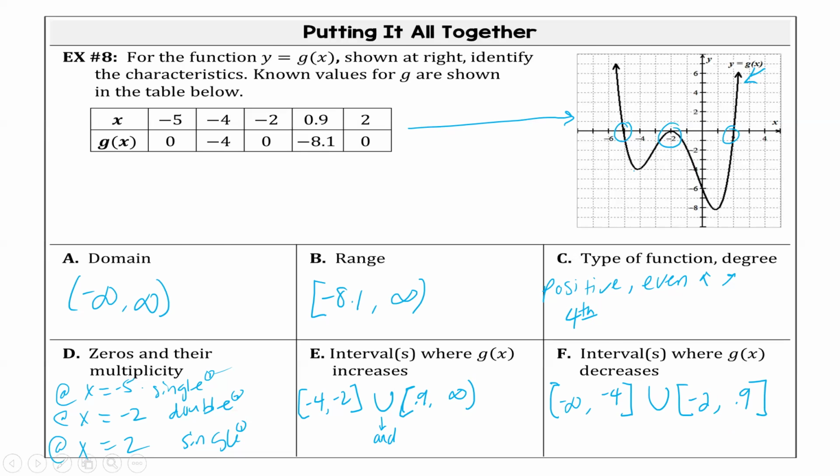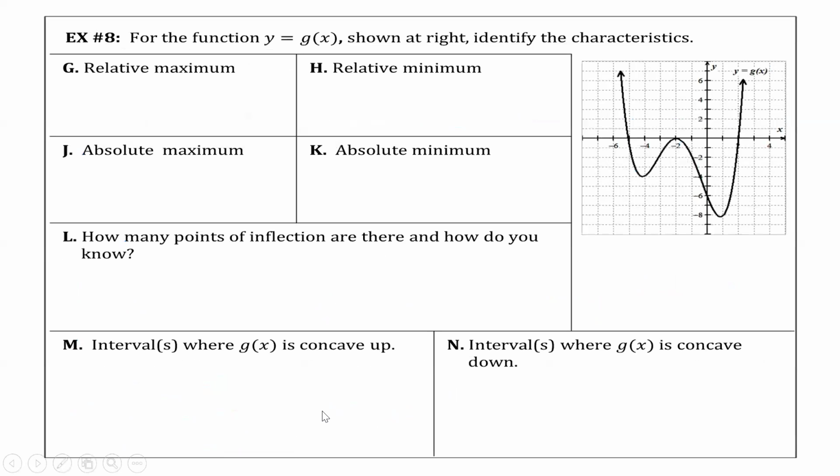All right. Up next, where is our relative maximum at? We have it at, where'd my pen go? Do you see it? There we go. So we have a relative max, y equals 0 at x equals -2.